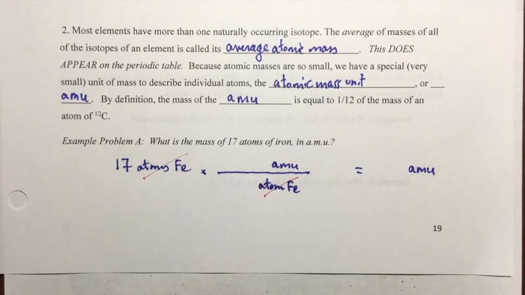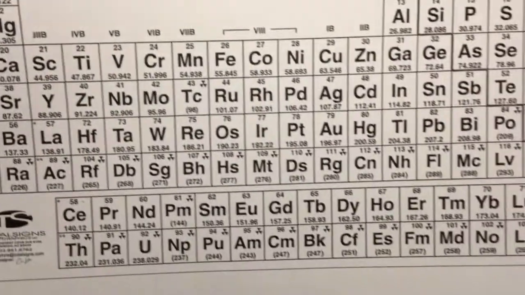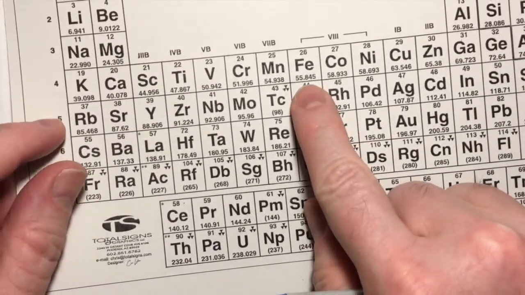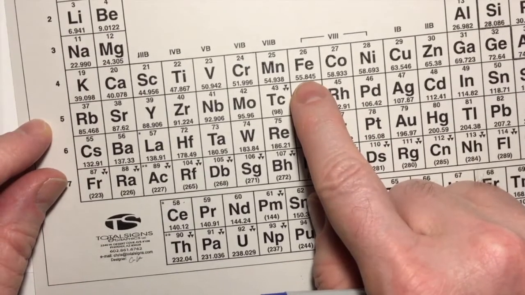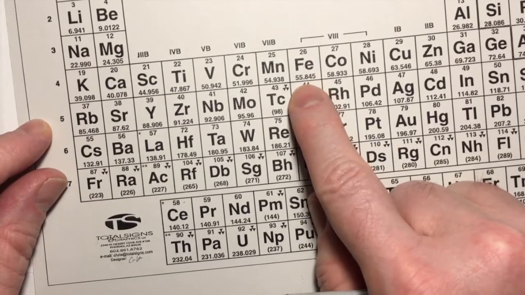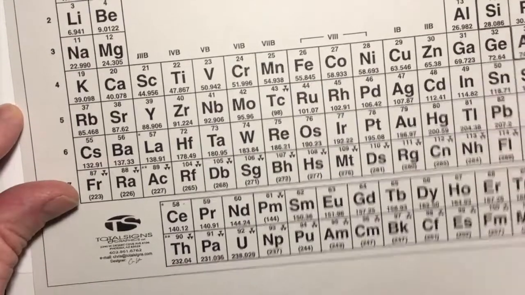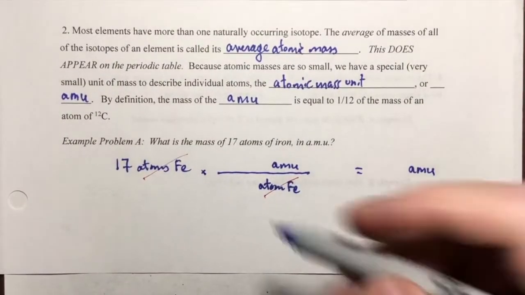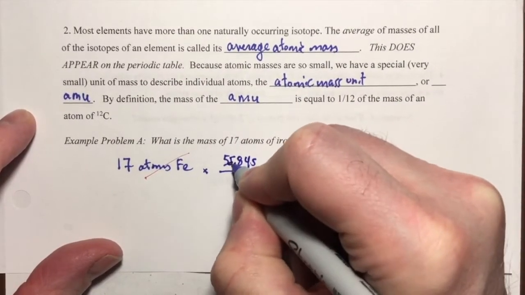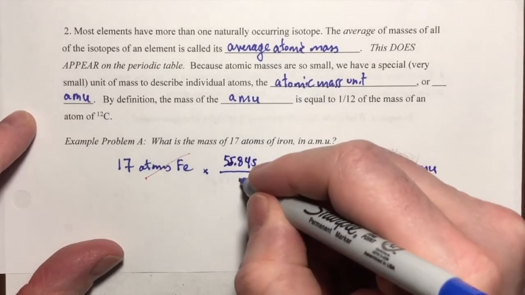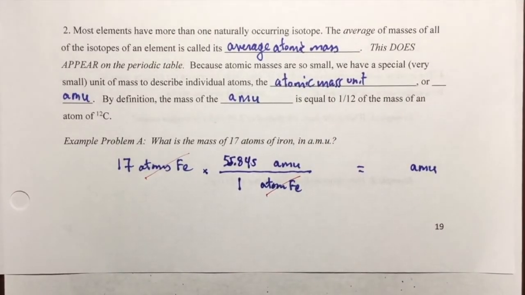Now that I've done with that, the next step is to actually plug in the numbers. So the average a.m.u of mass for a single atom of iron is 55.845 a.m.u. So 55.845 a.m.u for every one atom of iron.